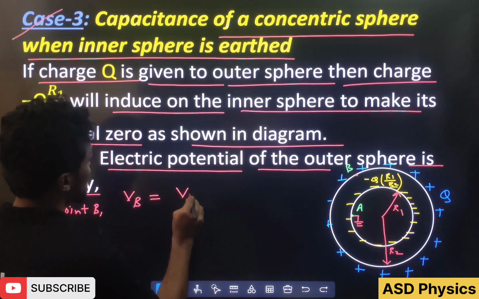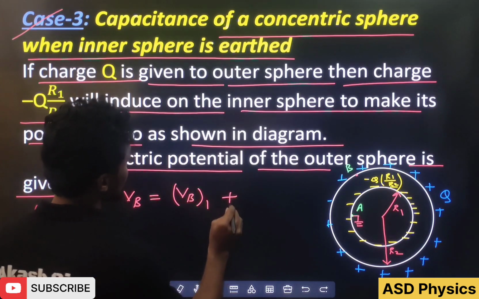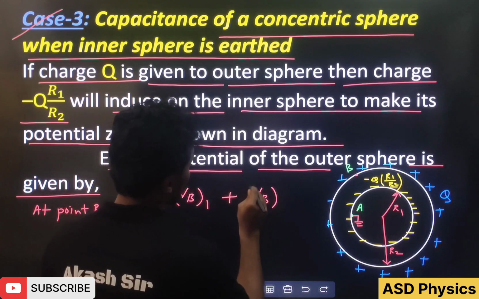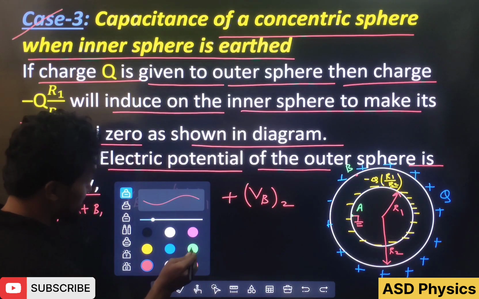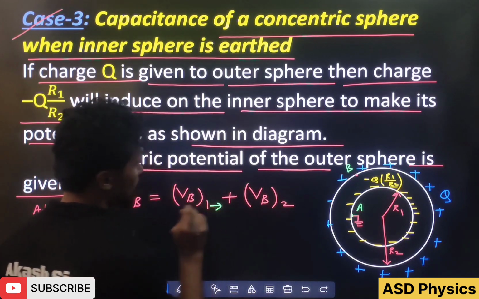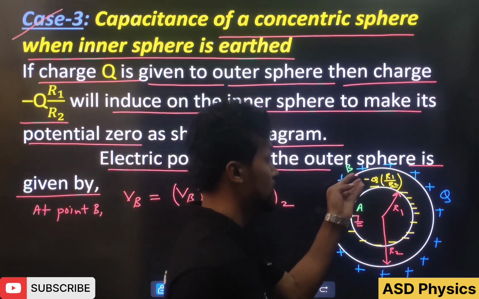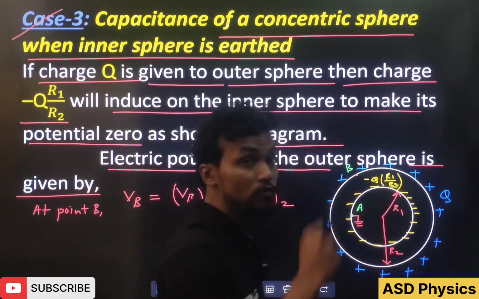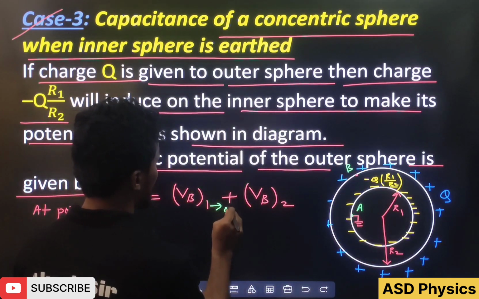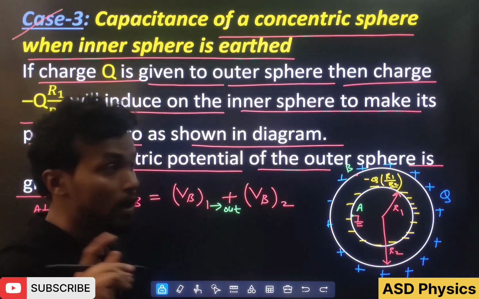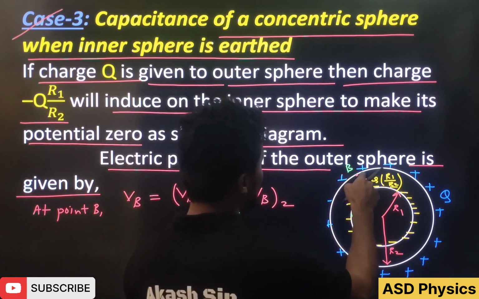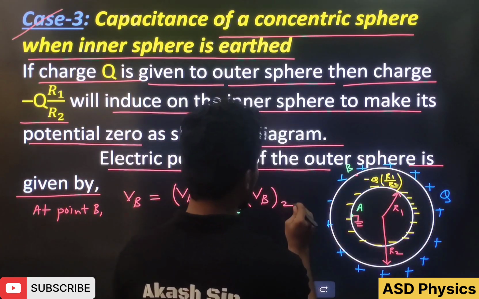VB equals VB1 plus VB2. Now think again. Point B with respect to 1 is where? Outside. Similarly, point B with respect to 2 is where?